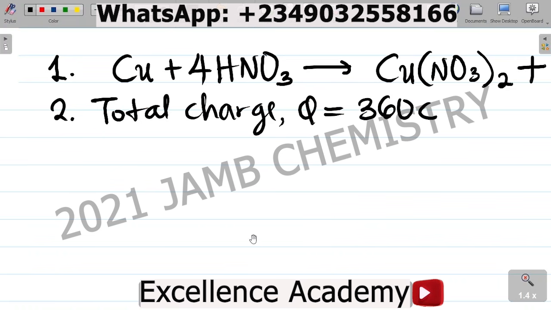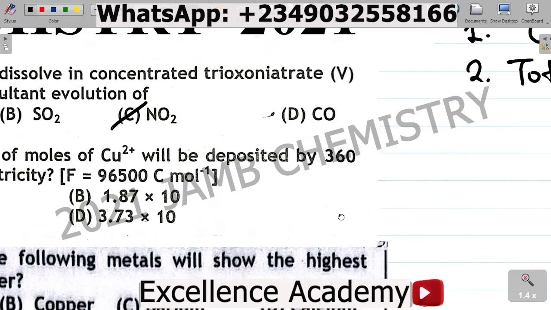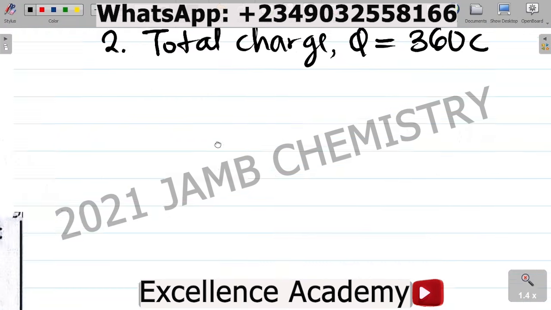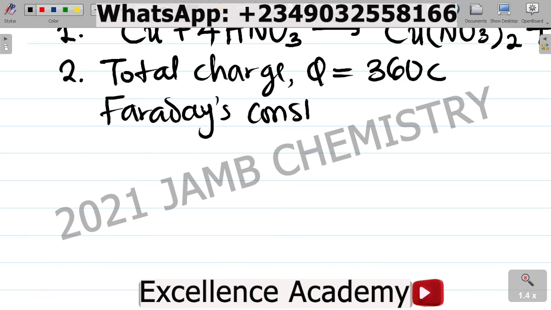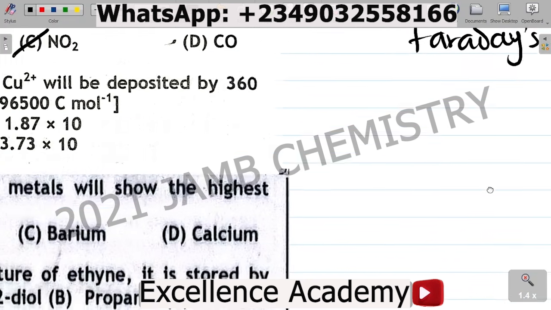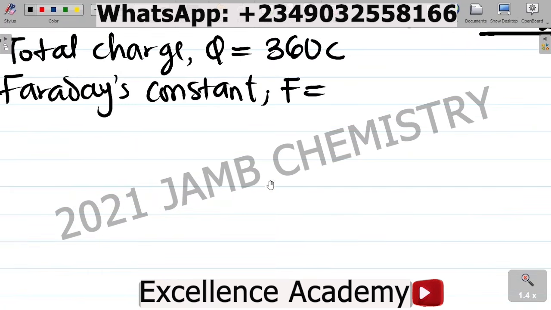Also, they gave us Faraday's constant, F, with the value 96,500 coulomb per mole.